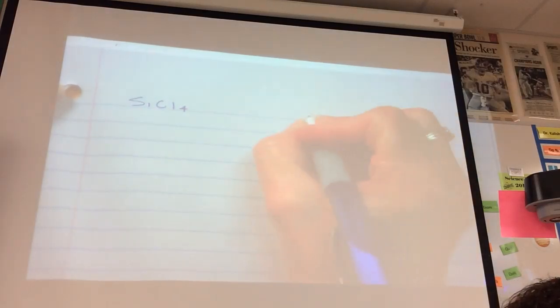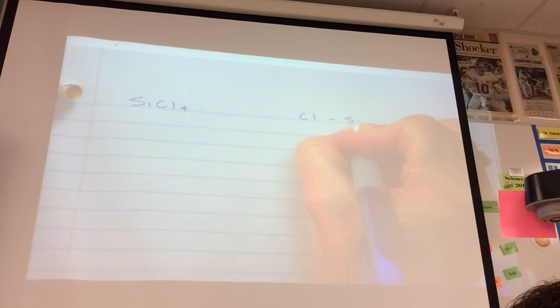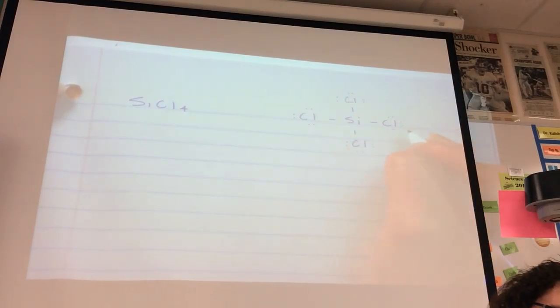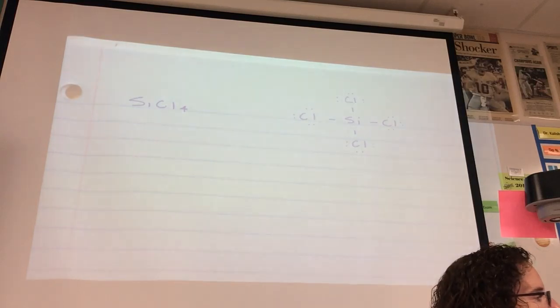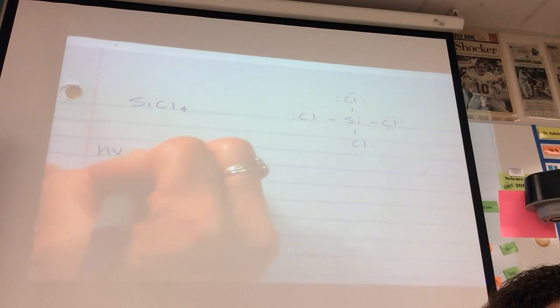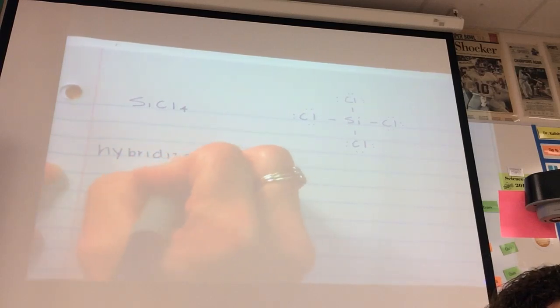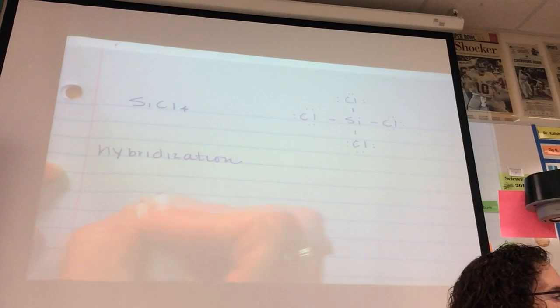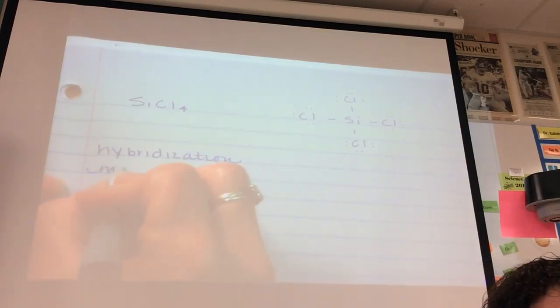We've got silicon tetrachloride, and this is going to look grossly similar to carbon tetrachloride, something you would have been able to draw at the honors level. We want to know the hybridization. We want to know the molecular geometry.